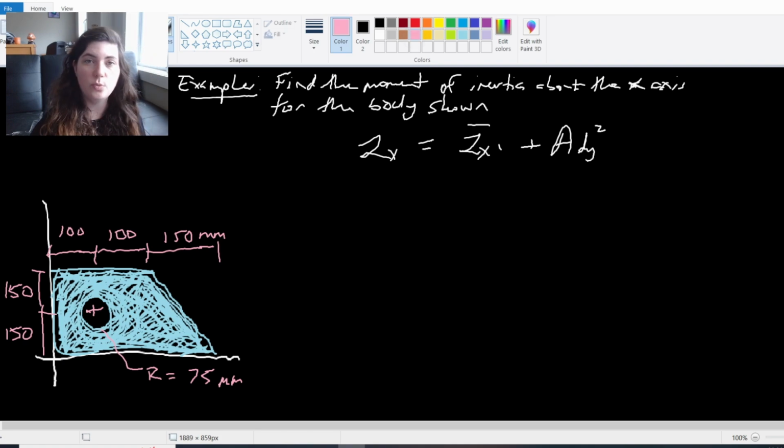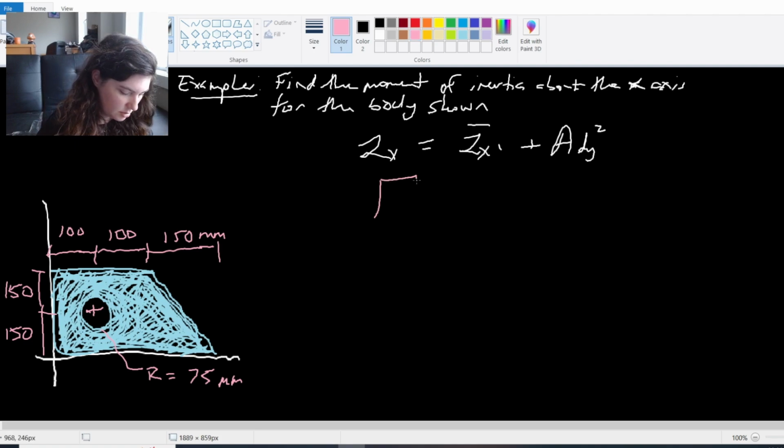Again, there's a few different ways that you can break down these shapes, but I'm going to pick the one that makes the most sense to me, and it's okay if your breakdown ends up a little bit different. You should still end up with the same result either way. So for my first shape, I see a square here, this 200 by 300 square that is filled in.